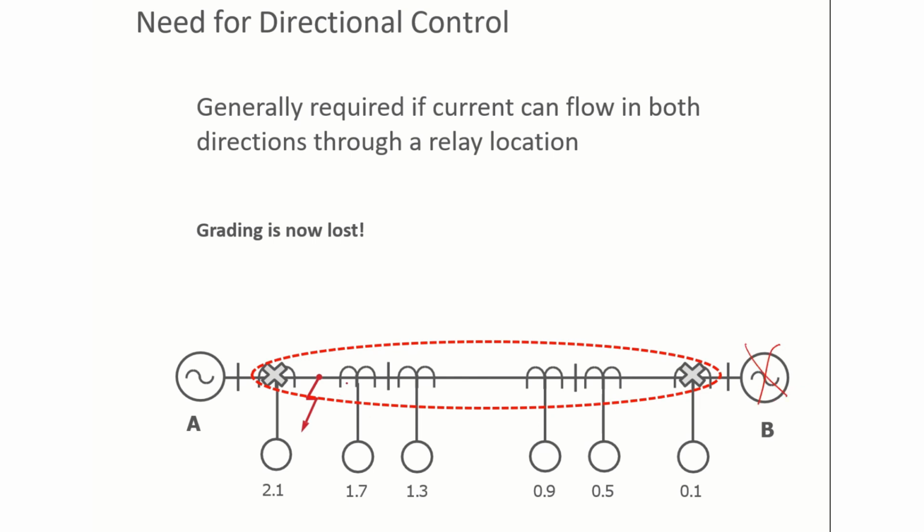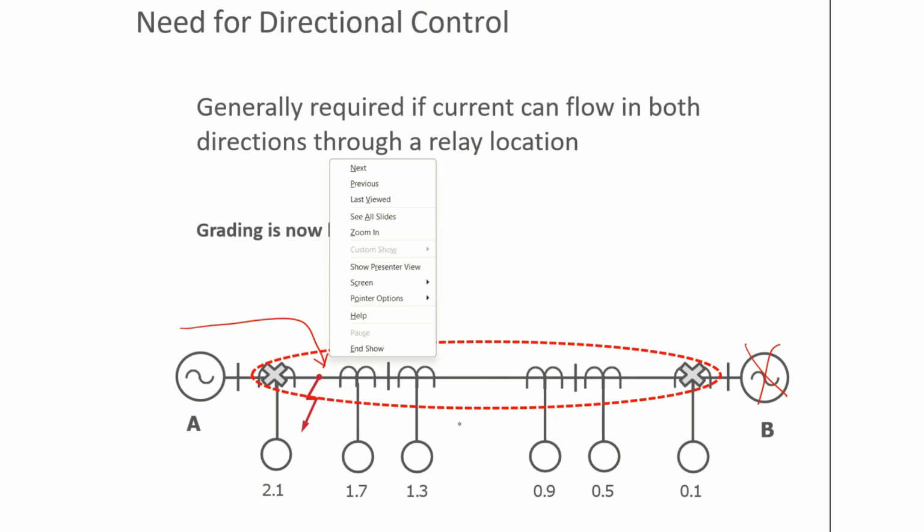The fault current would flow only from this source to the fault, so this relay will not see any fault current, and these will not trip, and only this feeder will trip. Definitely after a very large time delay of 2.1 seconds for this particular case, but there will be only the tripping of one feeder, and all the other feeders will continue in service.